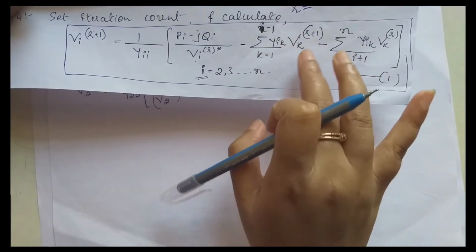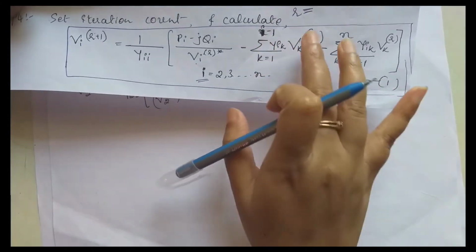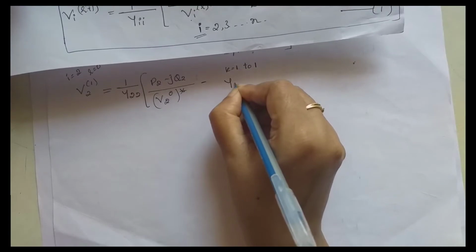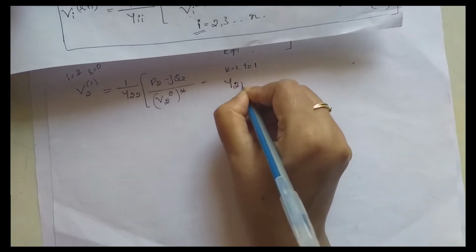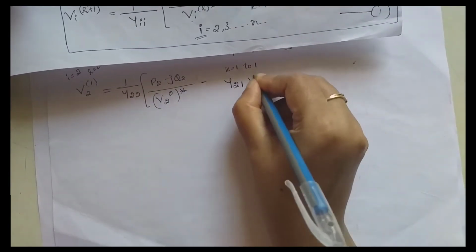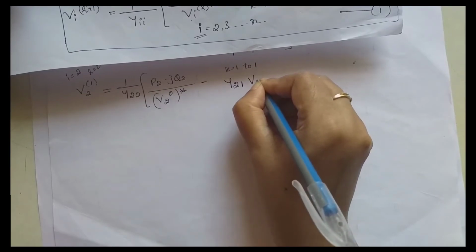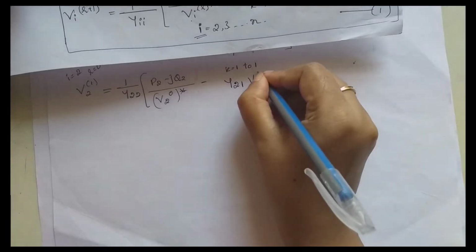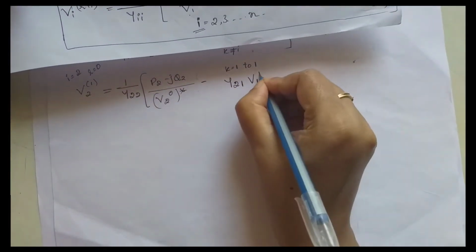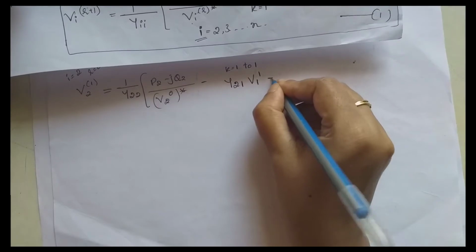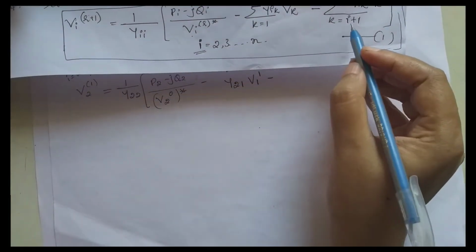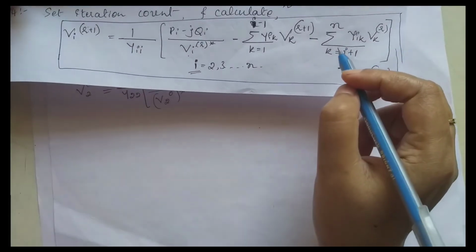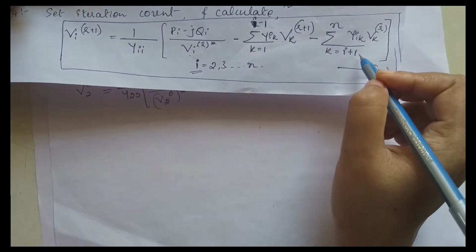So Y21 times V1(0), minus, k varies from i plus 1, that is 2 plus 1, it is 3.